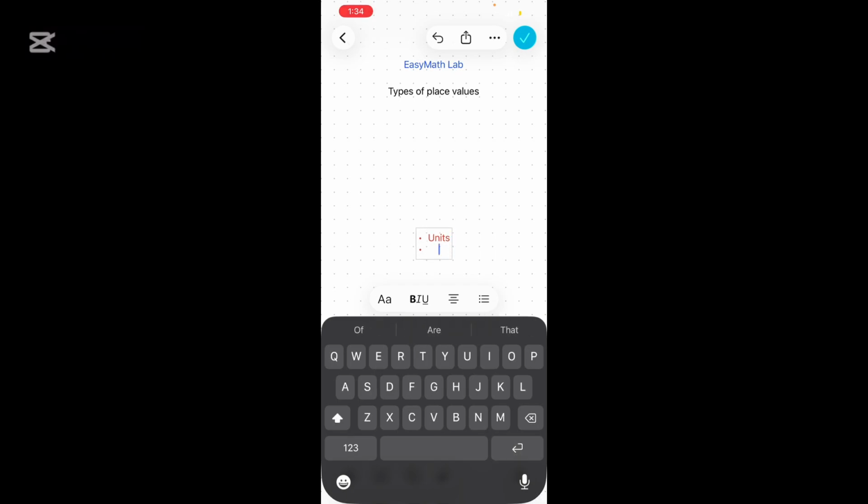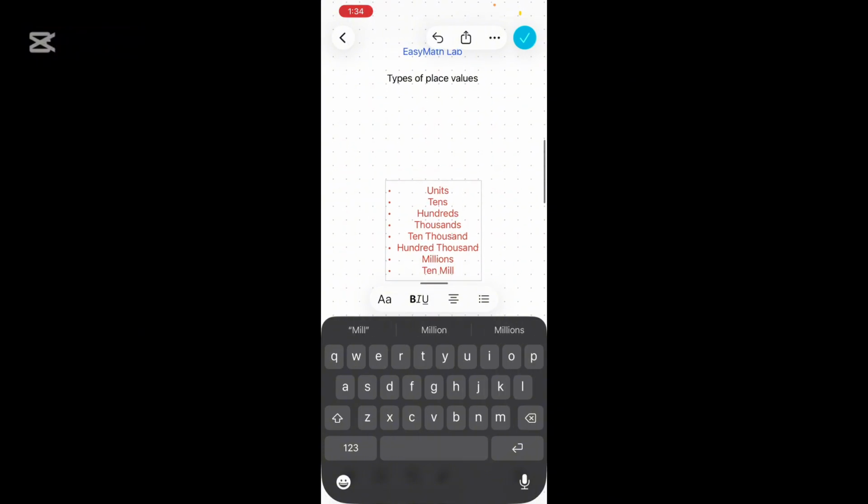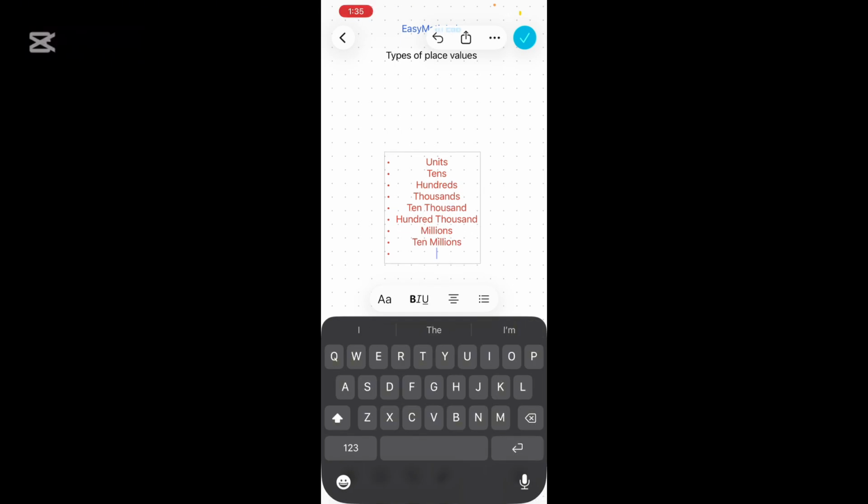So the very first is units, next tens, next hundreds, next thousands, next 10,000, 100,000, millions, 10 millions, 100 millions, and the last, billions.